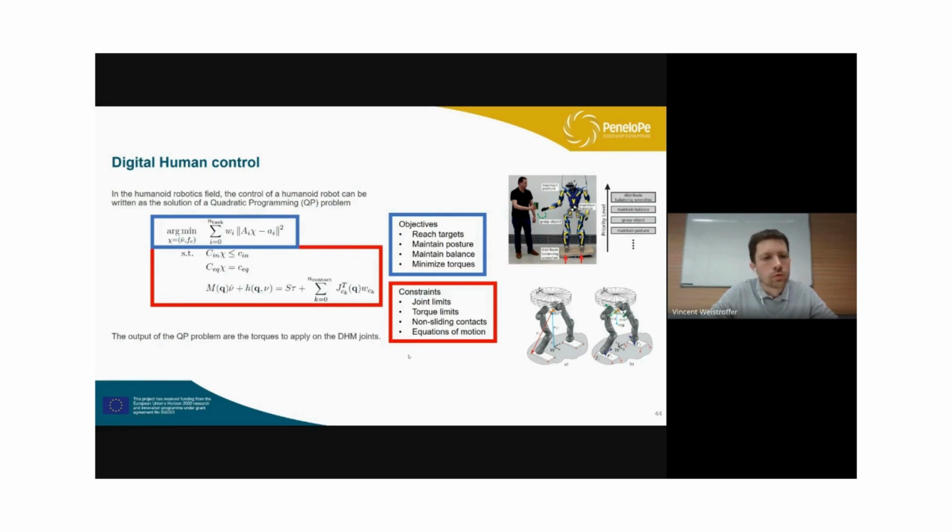If you have specific questions or comments on this, we could handle them at the end of the presentation. But what is important to know is that by solving this problem, at the end we will get the torques to apply to the joints of the humanoid model so that it can follow the targets, maintain balance, and maintain posture.